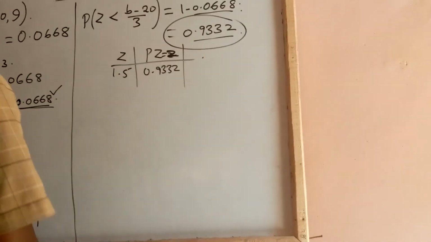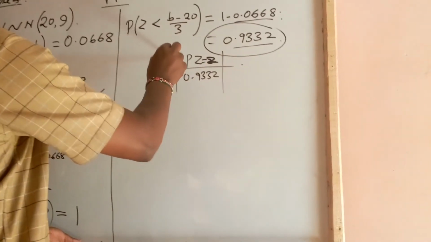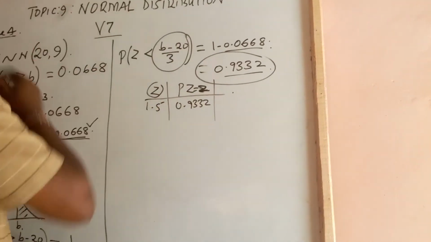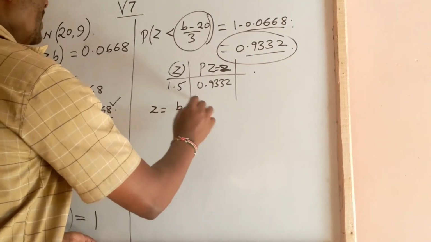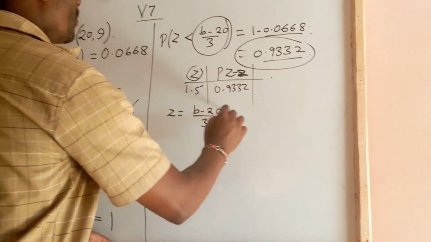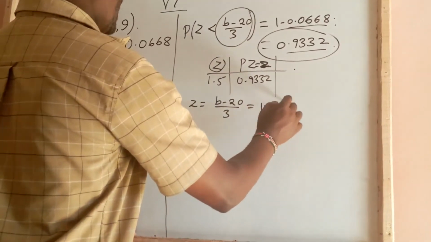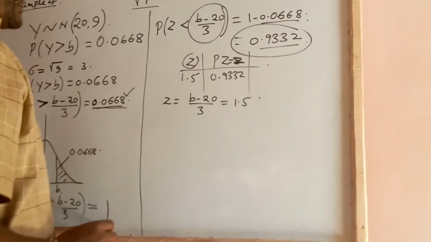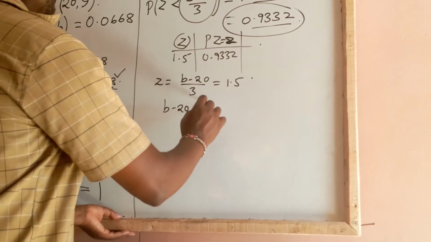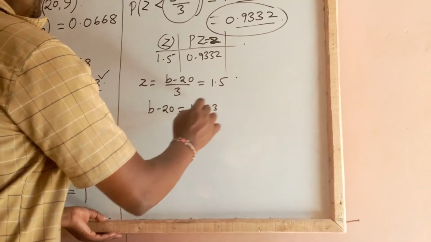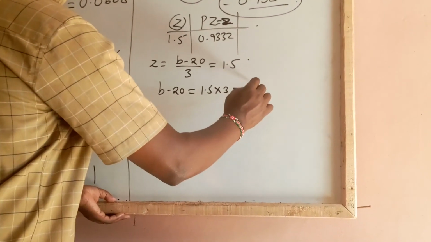What does this mean? Because this is our boundary, our Z is (b minus 20) over 3, which is 1.5. Making b the subject of the formula, b minus 20 is equal to 1.5 times 3, which is 4.5.